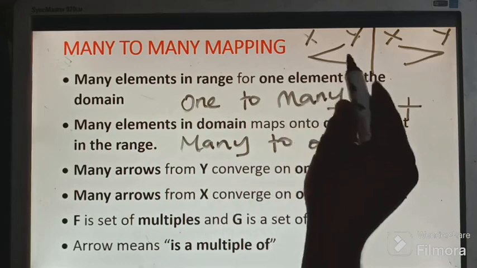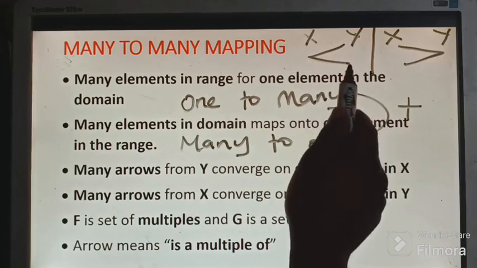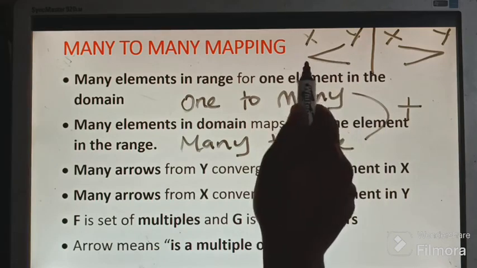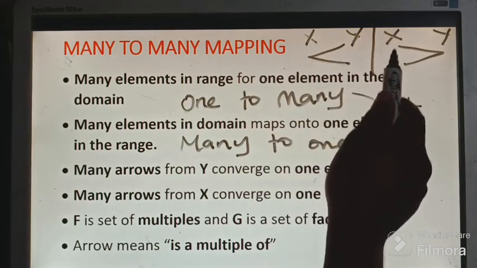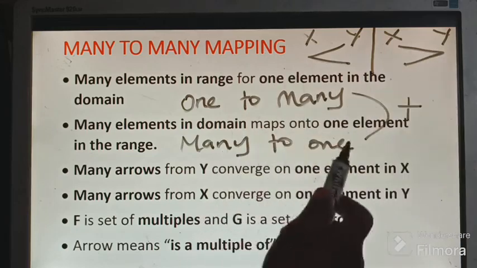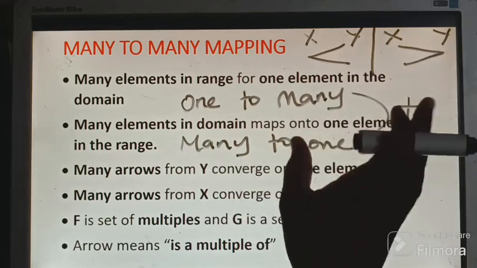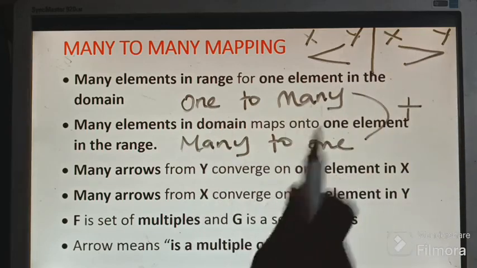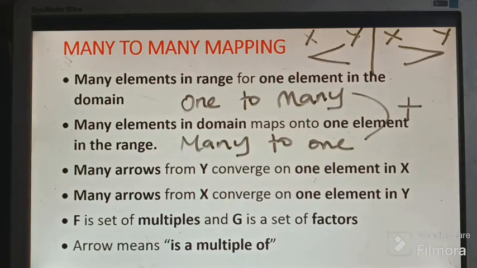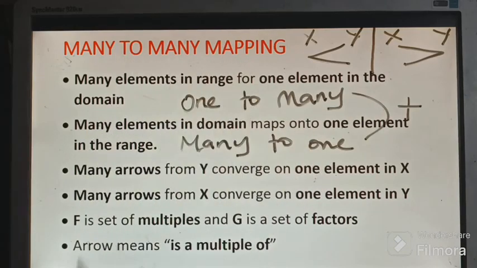So it's like we have one element there, many elements there, one to many, many elements there, one element there, many to one. When all these are found as a relationship between sets, that type of mapping is called many to many mapping.